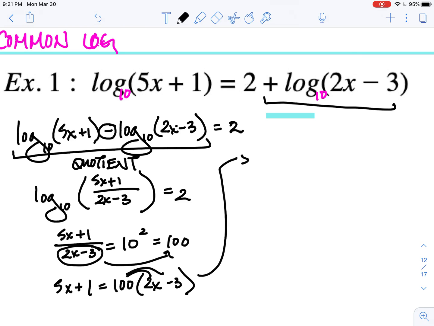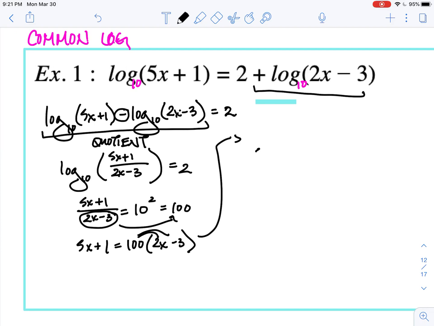And I'm going to go ahead and distribute that 100, so I'll get 5x plus 1 equals 200x minus 300. And let's go ahead and combine our x's. So I'm going to subtract the 5x to this side, and at the same step I'm going to add the 300 to this side.